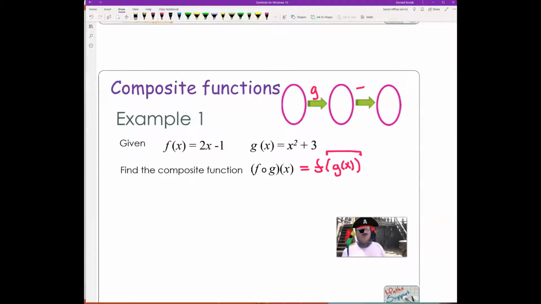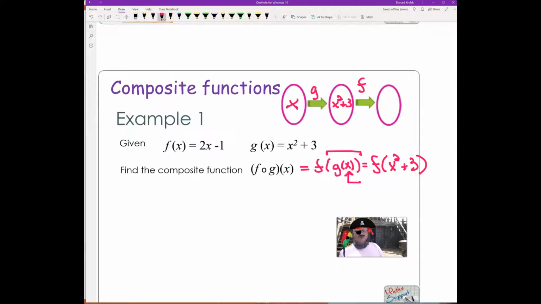So if we go back up here, g is our inner and f is our outer. So now our input is the variable x. When x goes into g, what comes out is x squared plus 3. So now this becomes f of x squared plus 3.